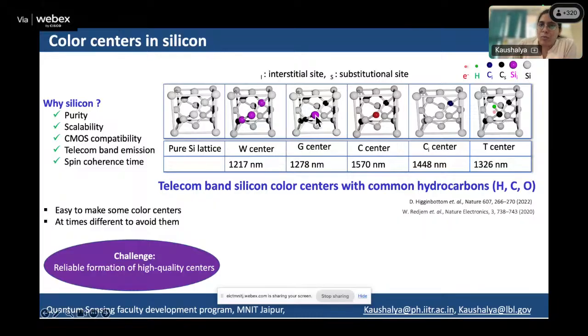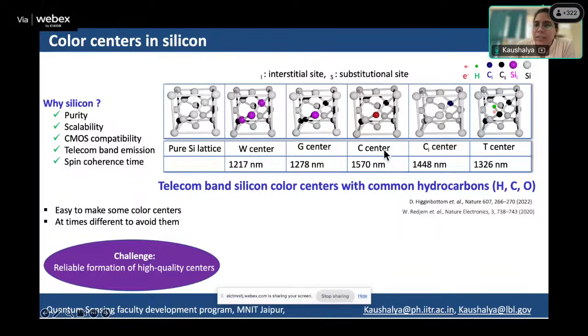This color center forms when you slightly displace a silicon atom from its lattice site to an interstitial site, and then introduce two carbon atoms at the substitutional sites. This group of three atoms, 2 carbon and 1 silicon interstitial, forms the G center, and if you drive it using lasers or microwaves, you can get a photon out of it, which is in the telecom O band.